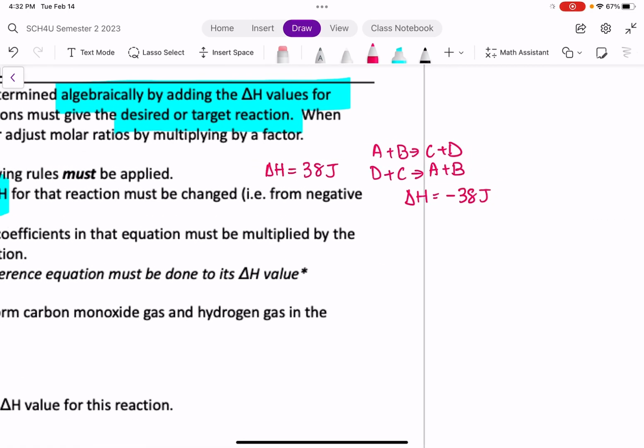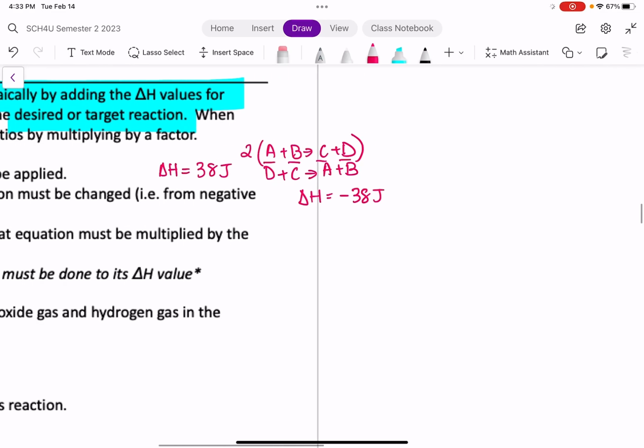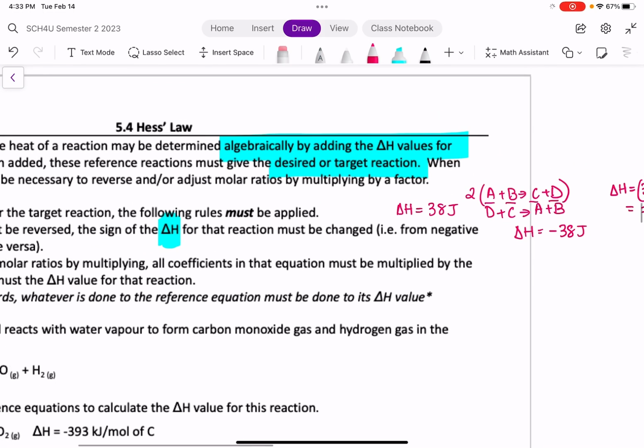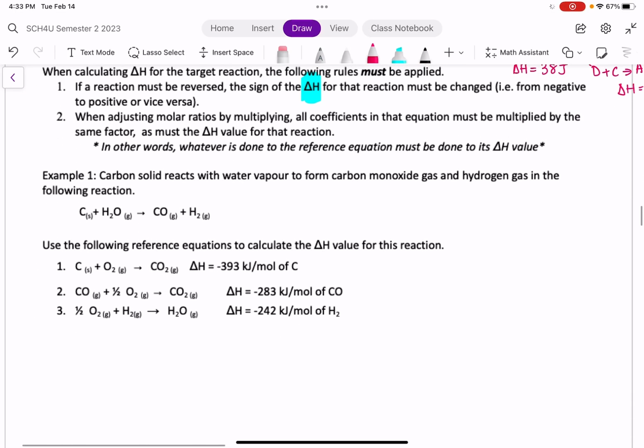So referring back to this, let's say now I wanted to multiply my entire reaction by 2, meaning all of my reactants and products will have a coefficient of 2. That also means that the enthalpy change value will be multiplied by 2 as well. Okay? So that's 76 joules. Okay, so let's take a look at a couple of examples.